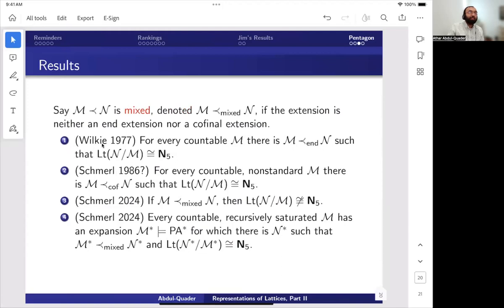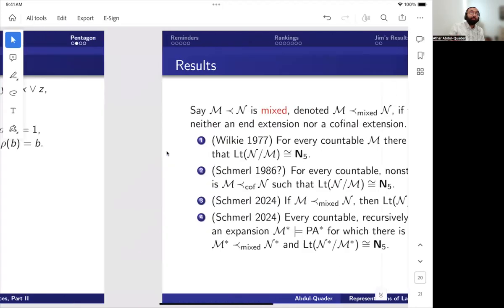Some summary of results. Wilkie proved that the pentagon can be realized as an end extension. I believe that his paper specifically looked at the standard model, but it's pretty easy to generalize his work to get that every countable M has an elementary end extension where the interstructure lattice is N5.